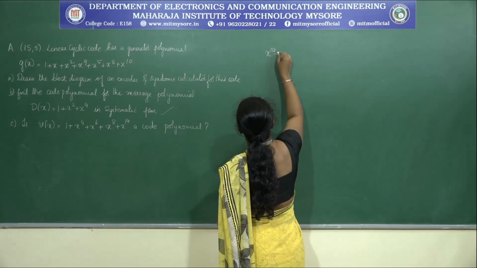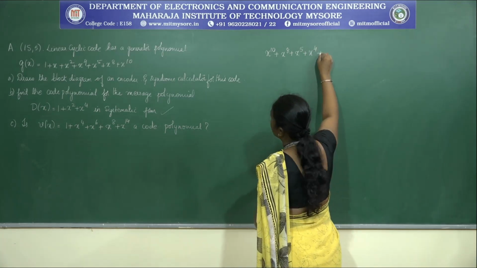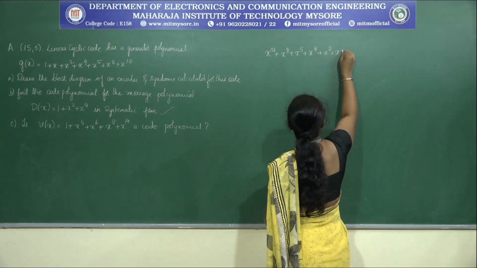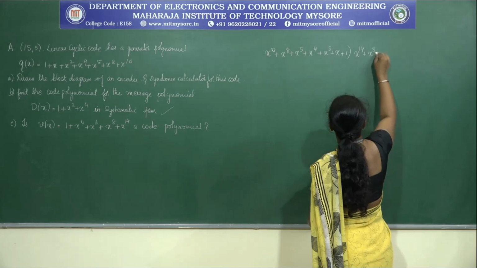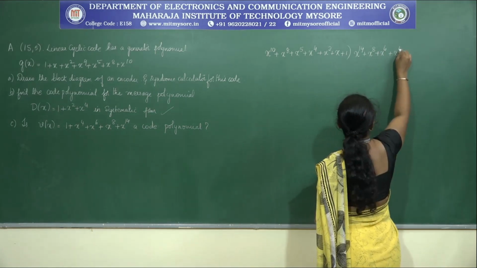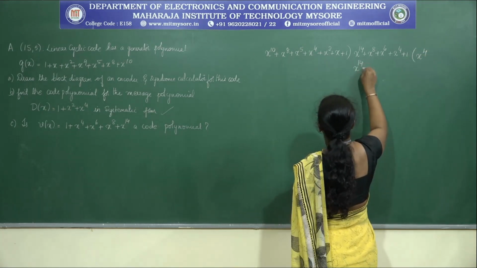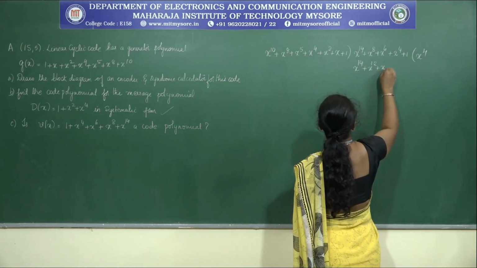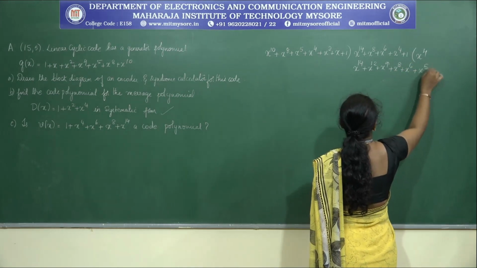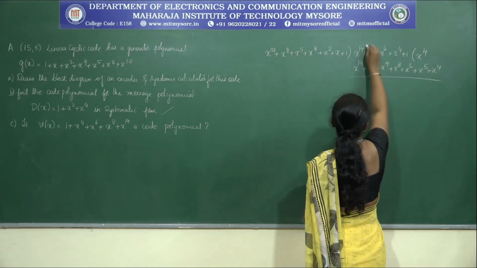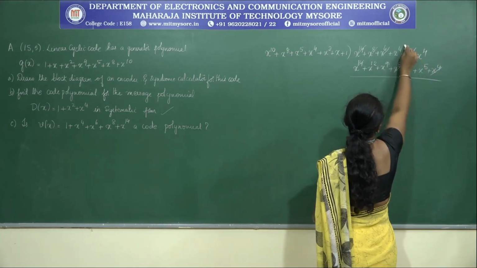x power 10, 8, 5, x square, x plus 1, x power 14, 8, 6, x power 4, 18, 12, 9, 8, 6, 5 plus x to the power of 4. So we have 8, 6 and 4.